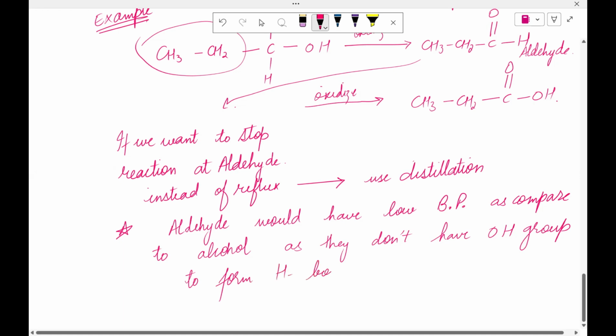Is that clear? So this is very important, that aldehyde would have a low boiling point as compared to alcohols. Why? Because they can't form hydrogen bonds.